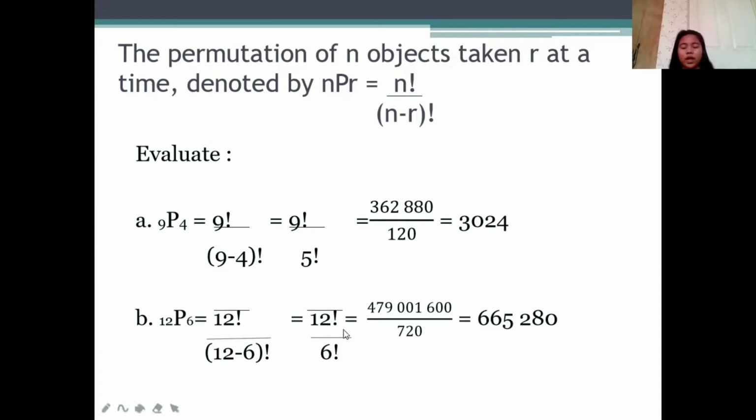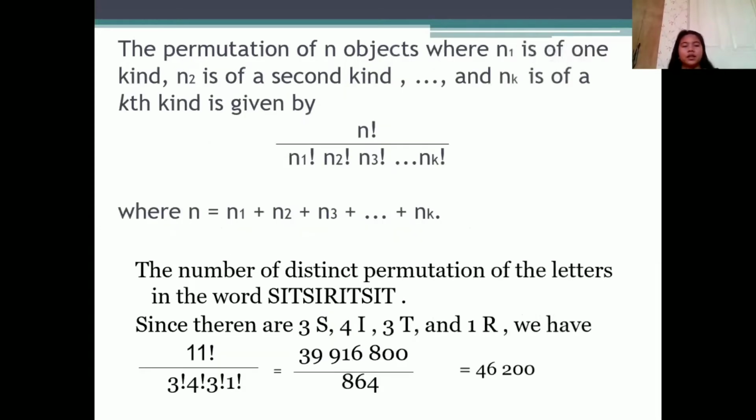Because 12 factorial is 479,001,600 and 6 factorial is 720. Then we divide, and the quotient is 665,280.